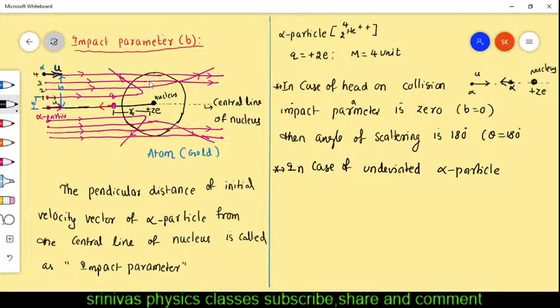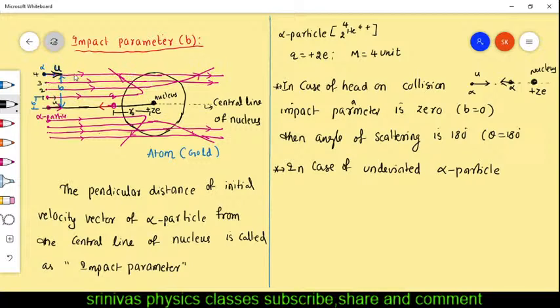Why are they going straight? Because they are very far away from the nucleus and they are not much repelled by the nucleus. The nucleus's influence is less on the alpha particle. The nucleus applies a repulsive force on the alpha particle because alpha is positive and the nucleus is also positive, but this ray is very far away from the nucleus. That's why the influence is less, the force is less, and it will go straight.